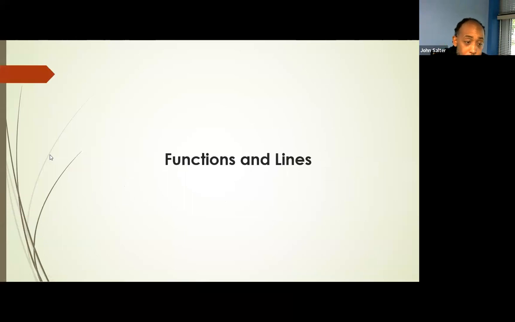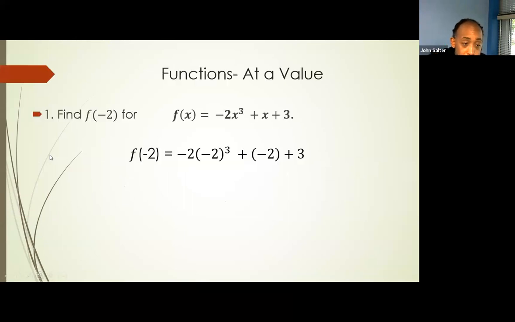All right, we're going to start off with functions and lines. Functions. Find f of -2 for the following function, which is f of x equals -2 times x to the third power plus x plus 3. A lot of the steps here are shown in this PowerPoint.